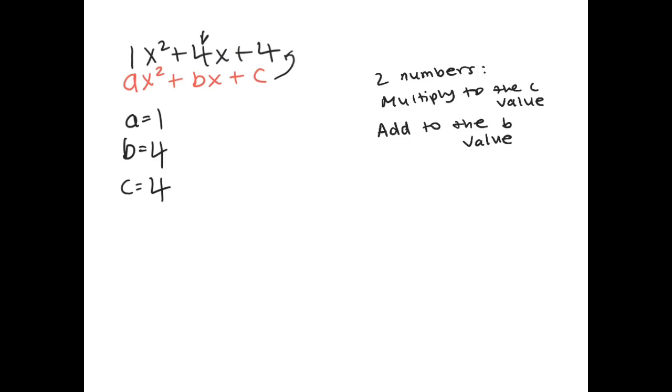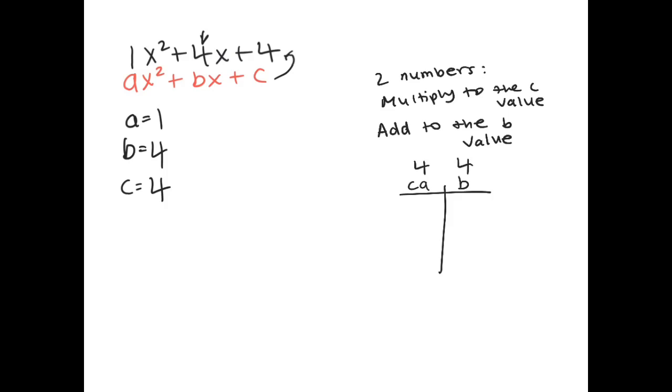Now, to find these two numbers, I like to create something called a CAB table. A CAB table looks like this. That's C A and B. The titles are just your C value times your A value, and on the other side is just your B value. So what's our C times A value? 1 times 4 is 4, and our B value is also 4.